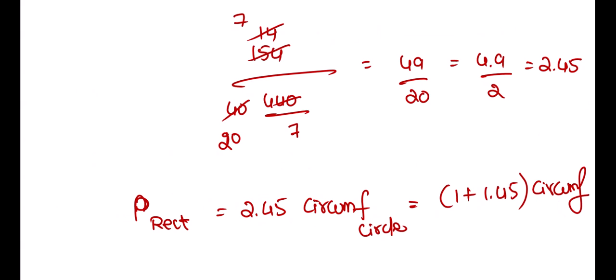Think about how much extra, more than, they are asking. 1 into that circumference is there. 1.45 times the circumference is extra. So I am 1.45 times more than that, I am 2.45 times of that value. But how much more is 1.45 extra? You try to understand that point.